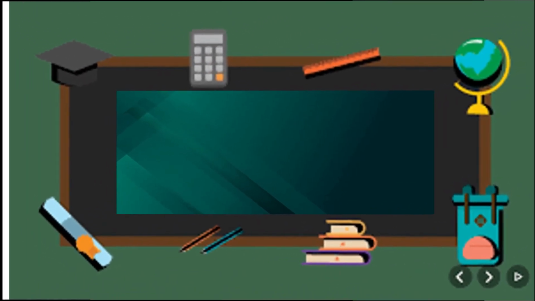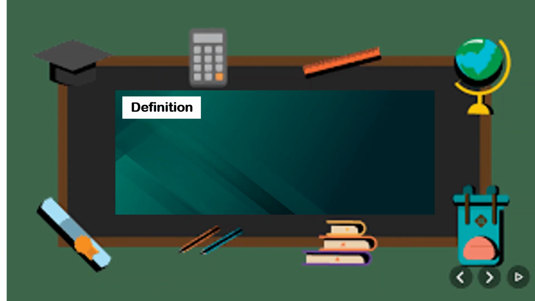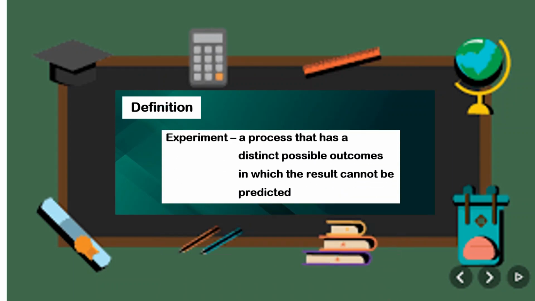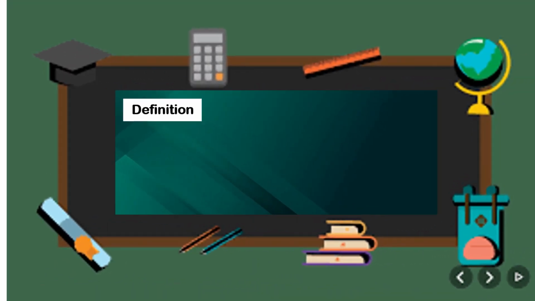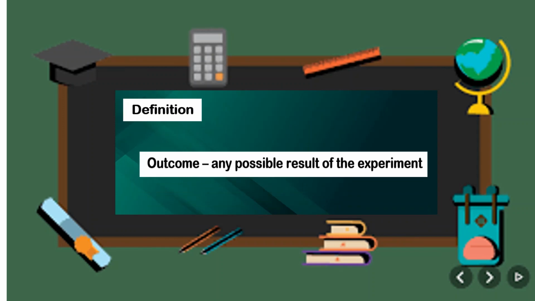Now let's take first the definitions of the terms that we have above. First, experiment. An experiment is a process that has distinct possible outcomes in which the result cannot be predicted. So don't forget that. The next term is outcome, or outcomes when it's plural.